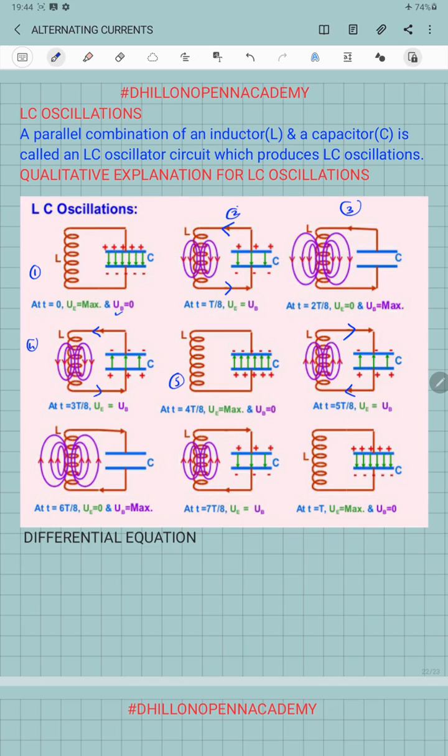Again, the inductor sets up an increasing magnetic field, but in this case the direction of the magnetic field is opposite to the earlier case. Due to the increasing magnetic field, it sets up an induced EMF which will oppose the flow of the current discharging the capacitor, due to which the capacitor will take a certain time to discharge.